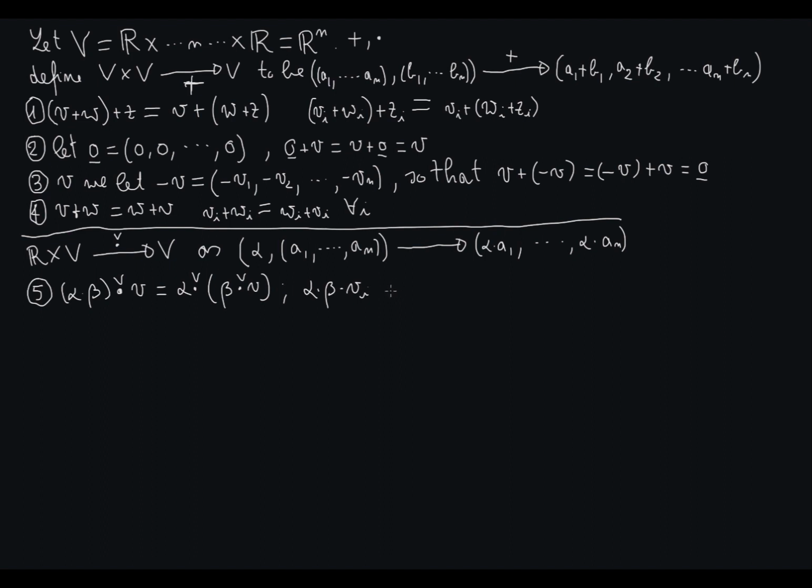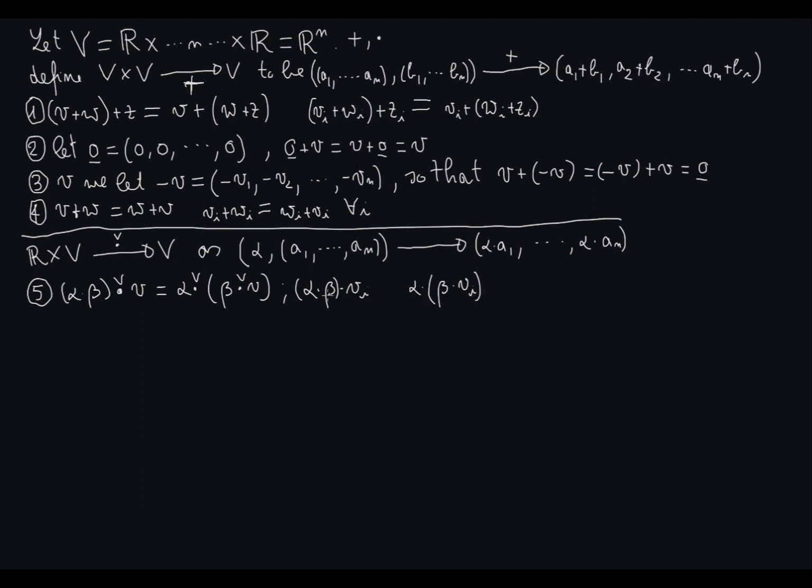Here on the right-hand side of the equation, the ith coefficient will be alpha. More precisely, on the left we have the product of alpha times beta, and the result being multiplied with vi. On the right-hand side, on the other hand, we will have alpha multiplied on the right by beta times vi.